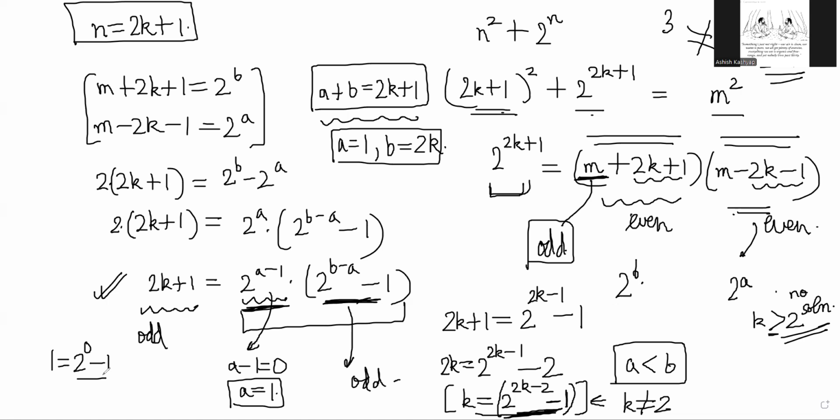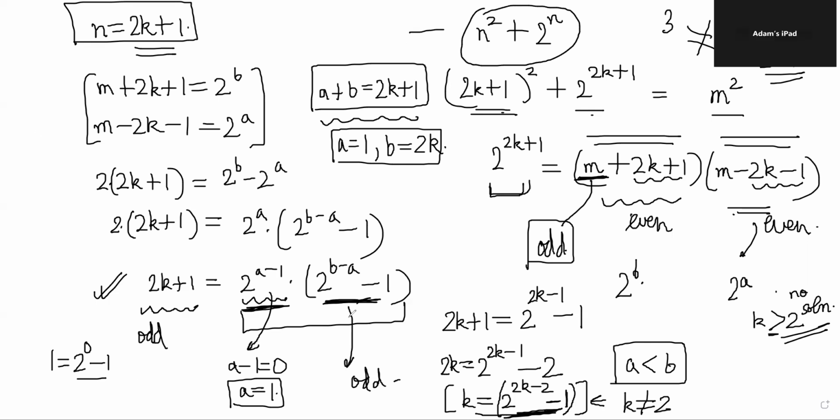So n cannot be 3, n cannot be any higher odd number, because from 2 onwards anything is not working. So basically n cannot be any odd number. If n is equal to 1, we already checked that n equal to 1 also doesn't work. And higher odd numbers don't work because this must happen, but this is impossible.